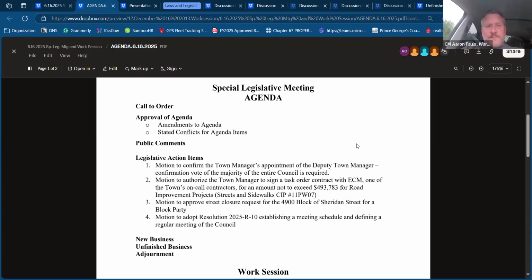So moved. So move to add an item under unfinished business pertaining to the disbursement of funds, charitable funds, community funds in the budget.